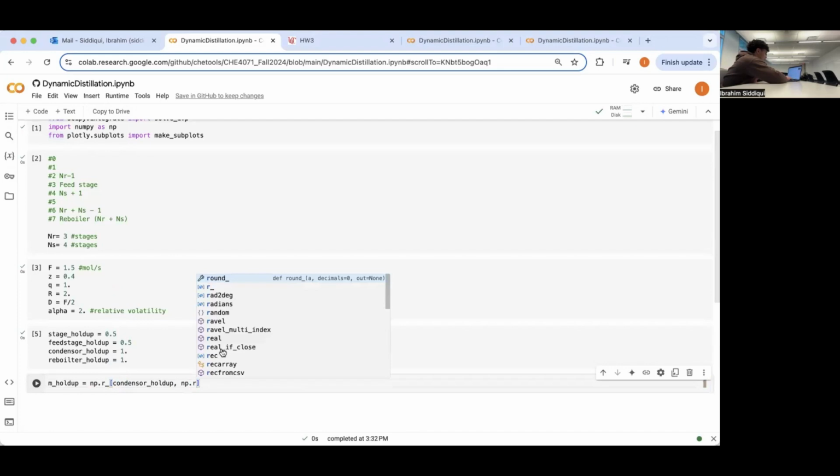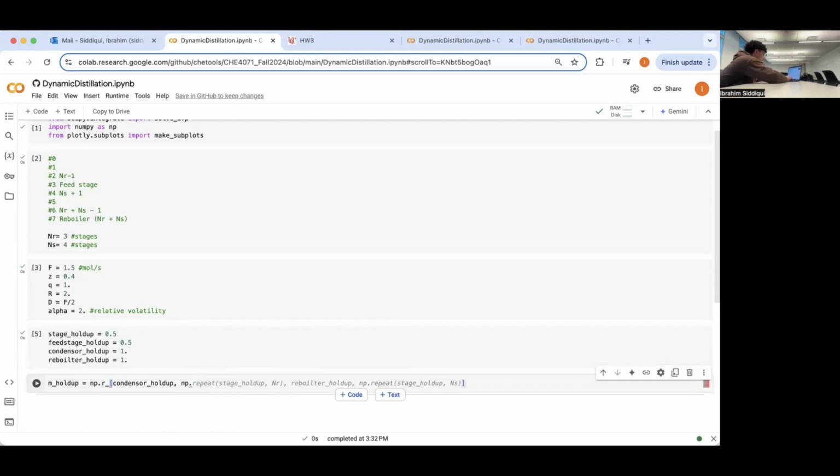Then we're going to create another np.r, and this time I believe we're looking at, let's see, going to go ahead and pause this. Okay, so back, this will actually be np.full, my mistake.